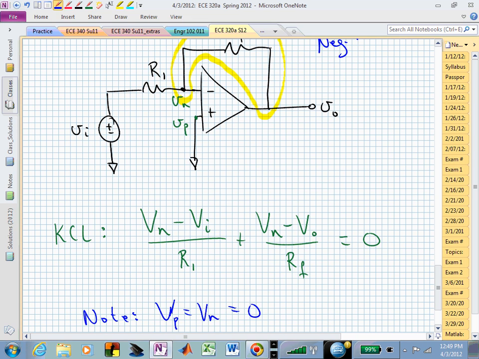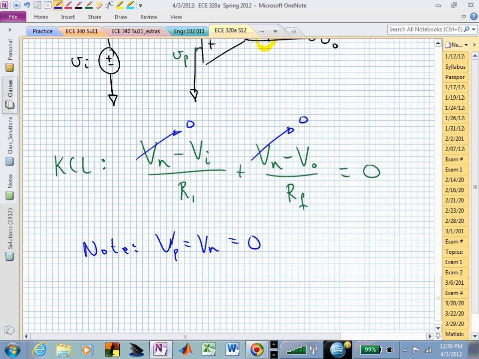Consequently, we have V sub N effectively or virtually grounded. If that's the case, we can now put this to 0, and we now have just two variables representing signals in our equation, V out and V I.